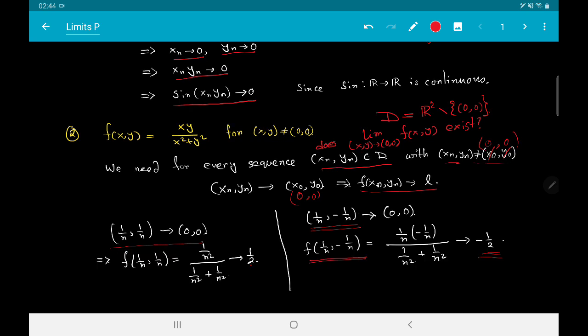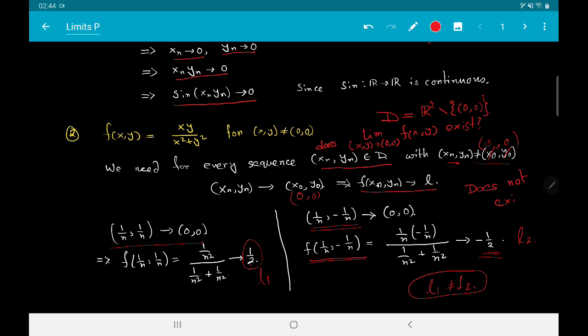Here I have produced two sequences such that f(1/n, 1/n) goes to one value, let me call it L1, and f(1/n, -1/n) converges to another number, let's say L2, and also L1 is not equal to L2. That violates our conditions for the limit, and in this case we say that the limit does not exist.